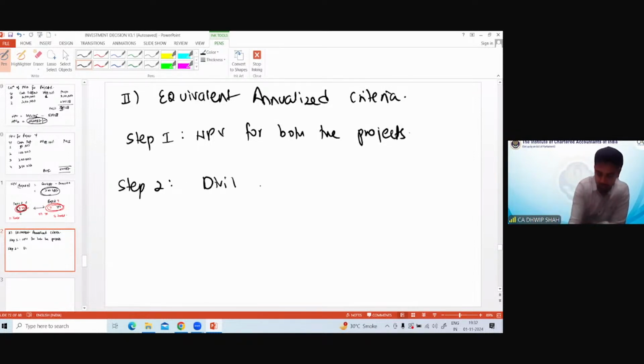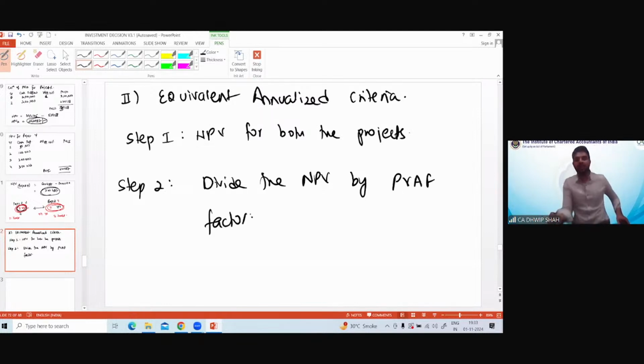Divide the NPV by PVAF, present value annuity factor. I hope you know what is PVAF. PVAF is the summation of each year's discounting factor. I have discussed this in the very first session of investment decision. Okay? And then compare.